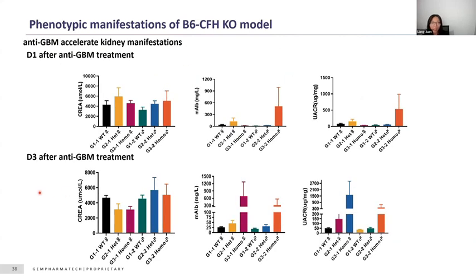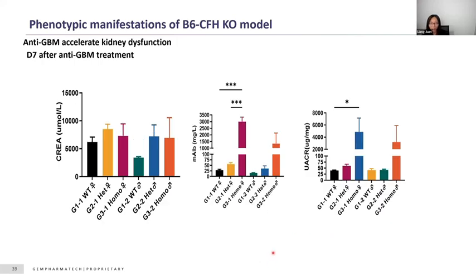And then when administrating the mice with the anti-GBM antibody, after 3 days treatment with the GBM antibody, we found the increase of albumin level in the urine in the homo knockout mice. And also we found the increased level of UCA in the homo knockout mice compared to the wild type mice.